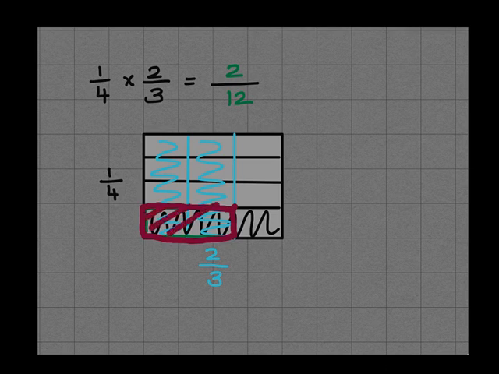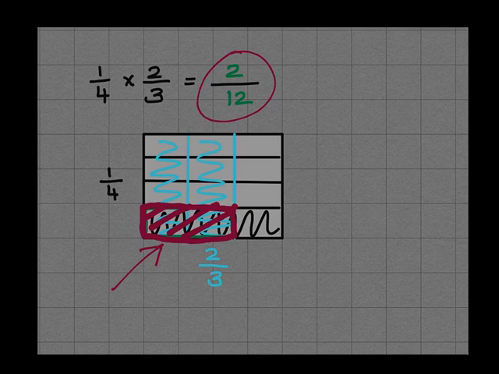That part is the answer. If you see that part, we get 2 boxes. We have shaded 2 boxes. And if you count the total number of small boxes, there will be 12 of them.